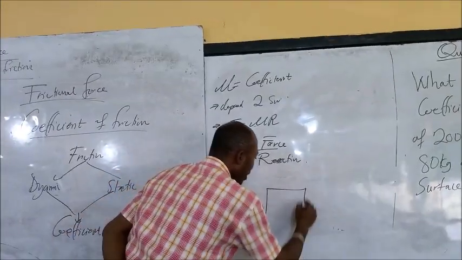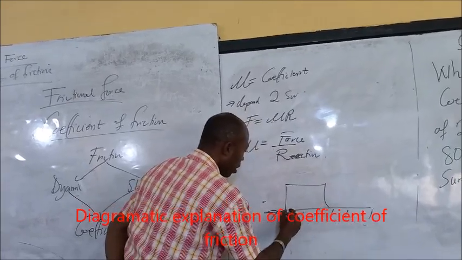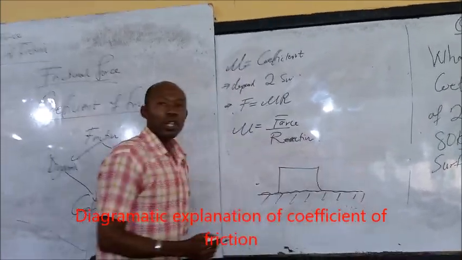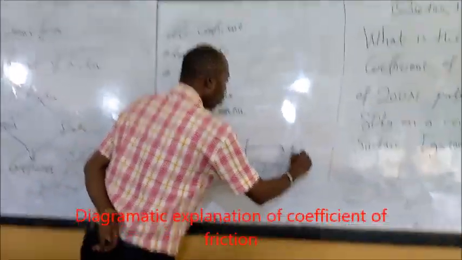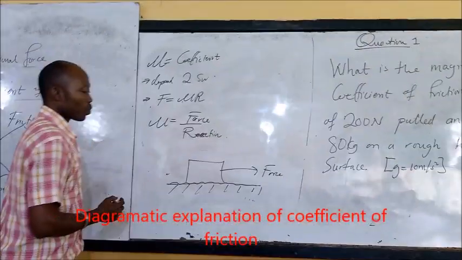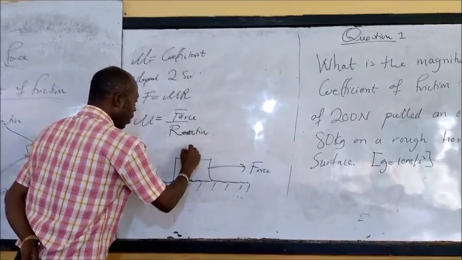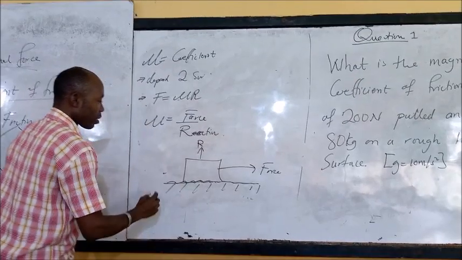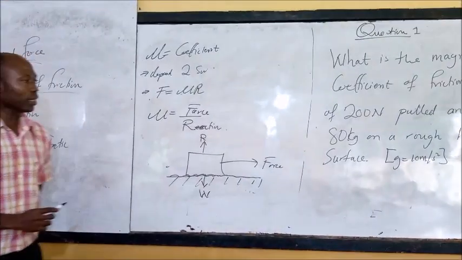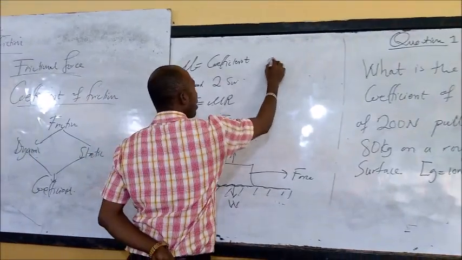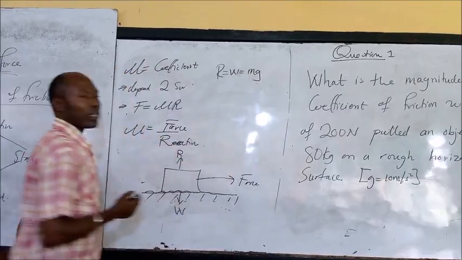If this is an object placed on a horizontal floor surface, obviously a rough surface, and this object is pulled with a force forward, what happens? Frictional force exists here. The object has a reaction R, which is equal to the weight of the object. So R here is equal to the weight, which is mass times gravity.